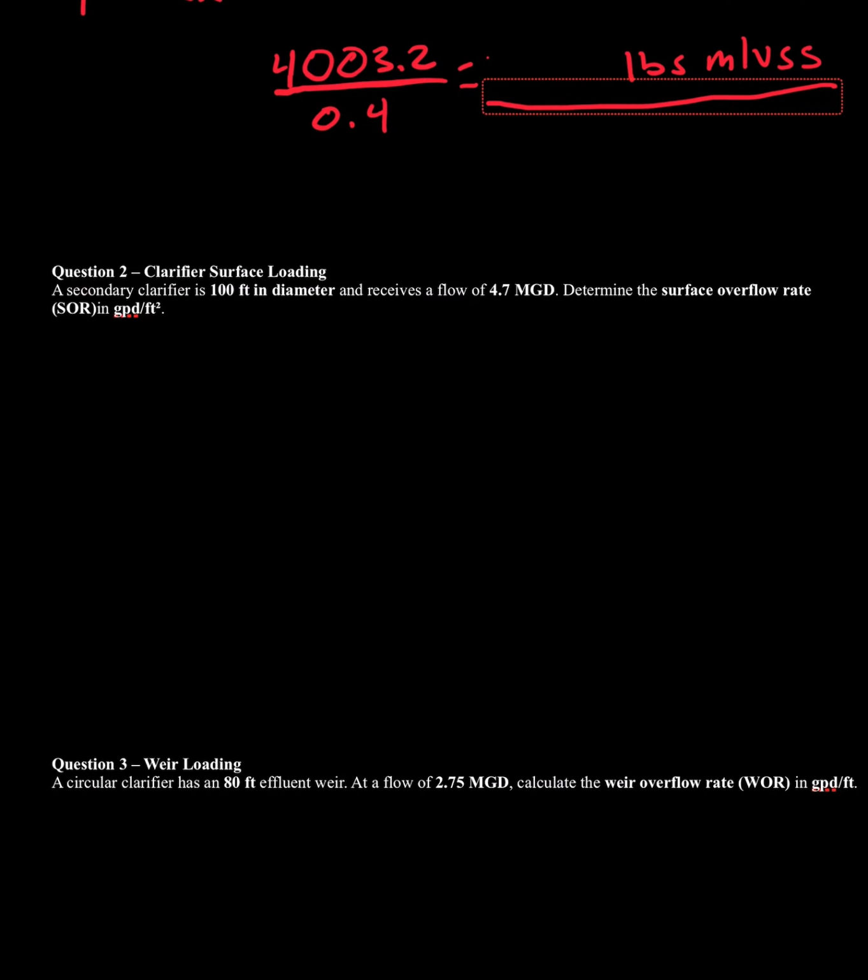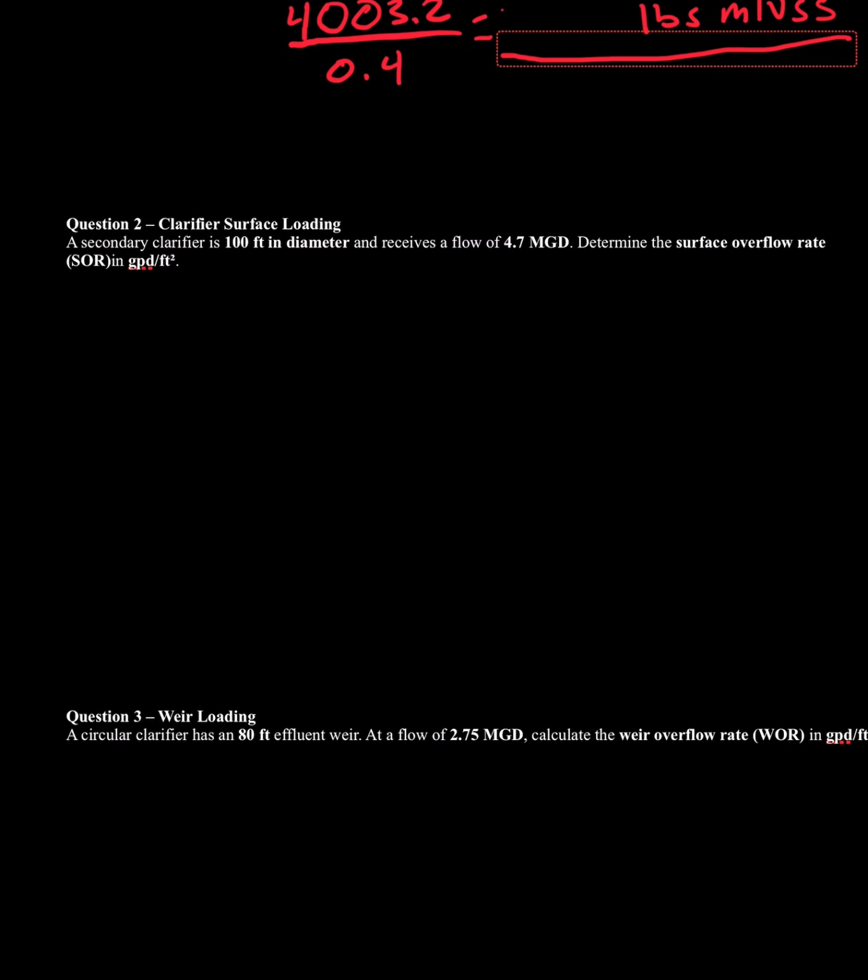All right, next we have a secondary clarifier that has a diameter of 100 feet and receives a flow of 4.7 million gallons per day. Determine the surface overflow rate in gallons per day per square foot.